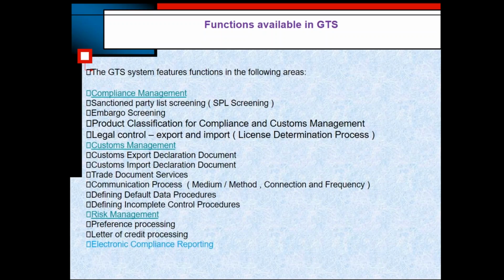The embargo screening takes care of two things. The embargo screening application area in the GTS module looks at the business partner country, and then it goes to the master data list of bad countries.